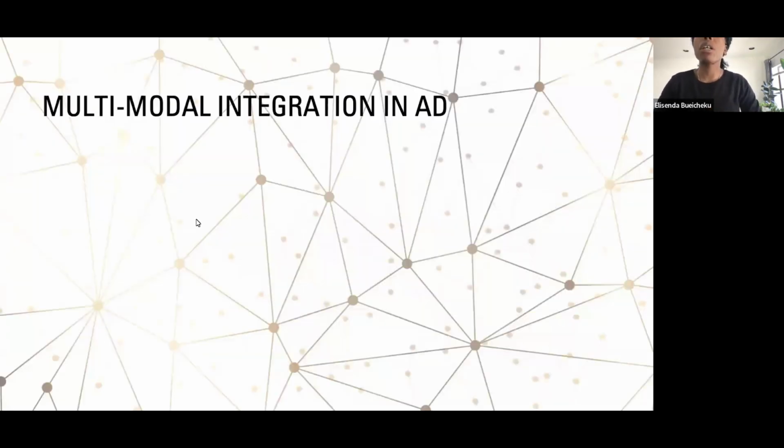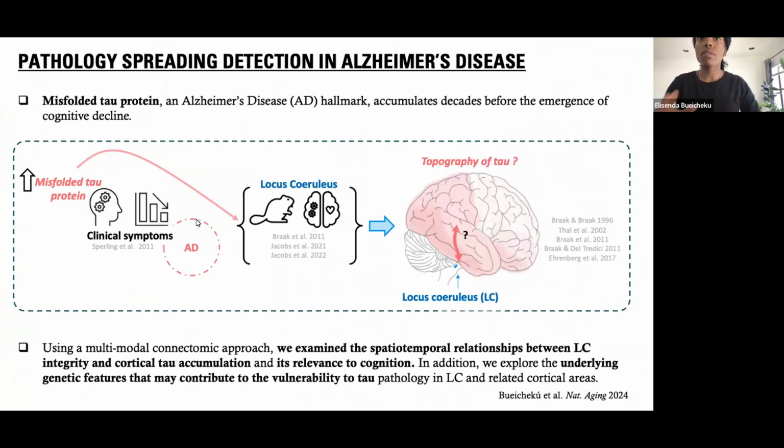We can actually use different modalities to investigate what is happening in Alzheimer's disease. As I was introducing, tau appears way before clinical symptoms and before the clinical diagnosis. We know, because of many investigations, both ex vivo and in vivo, and also animal models, that in reality, tau first affects the locus coeruleus, and then after that, it will travel to the brain.